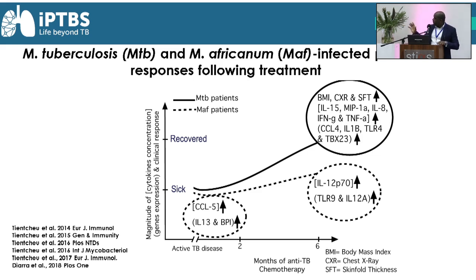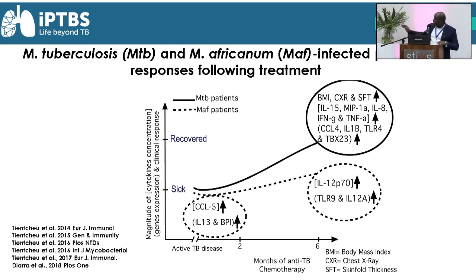But the difference really emerged following treatment, where M. tuberculosis patients, in the bold line, go on to recover clinically with better body mass index recovery. The chest score goes down, and they also have high levels of cytokines associated with good treatment response, such as IL-15.